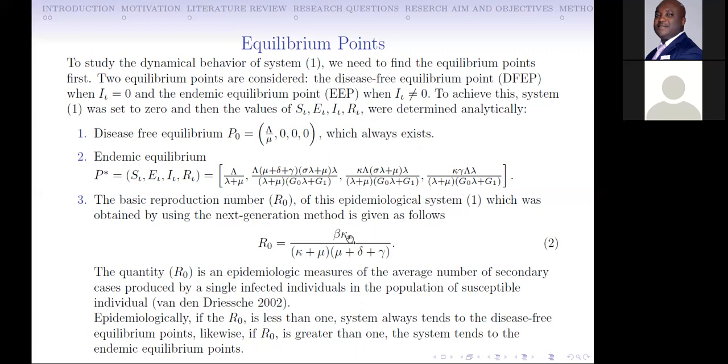This equation 2 represents our basic reproduction number, an epidemiologic measure of the average number of secondary cases generated by a single infected individual in a population of susceptible individuals. Epidemiologically, if R0 is less than 1, the system tends to the disease-free equilibrium point. Likewise, if R0 is greater than 1, the system tends to the endemic equilibrium point.